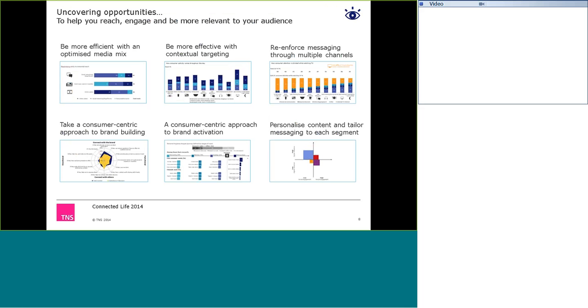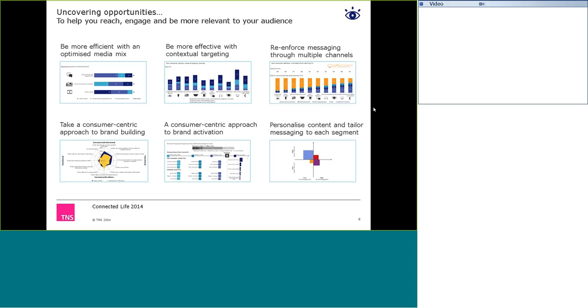So this is looking at everything from how to optimize your media mix based upon day parts for both devices and different media channels, looking at how to provide more effective contextual targeting, so looking at the types of messaging that people engage with, what are the bridges and barriers to consumers researching or purchasing with your brand within a specific category. We also look at how to reinforce messaging across multiple channels.